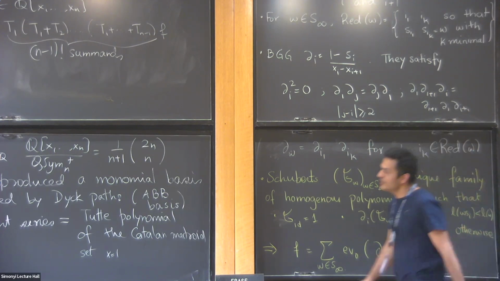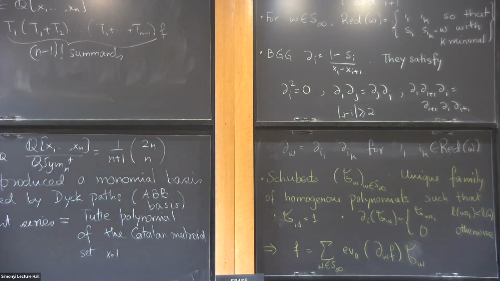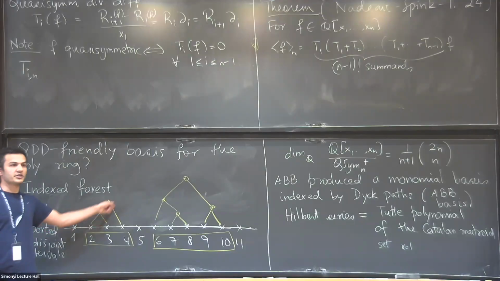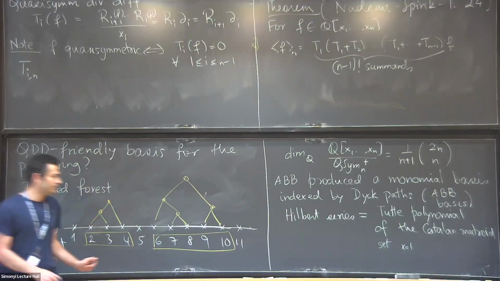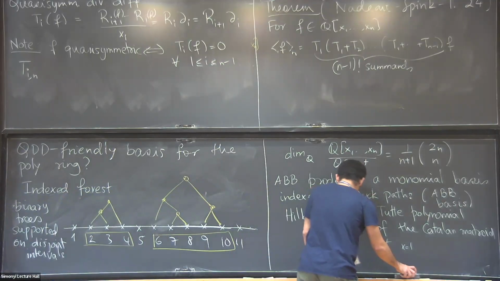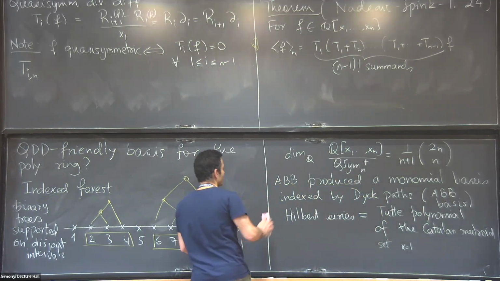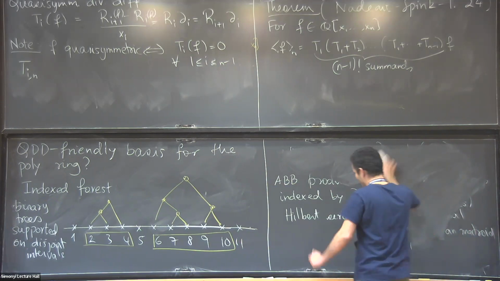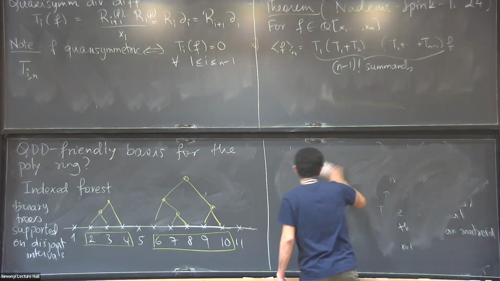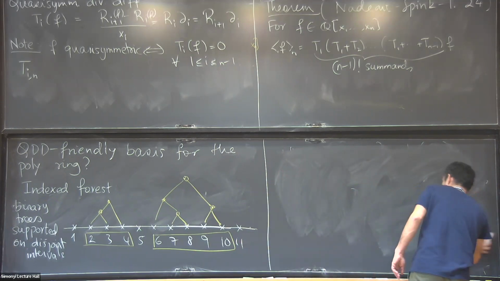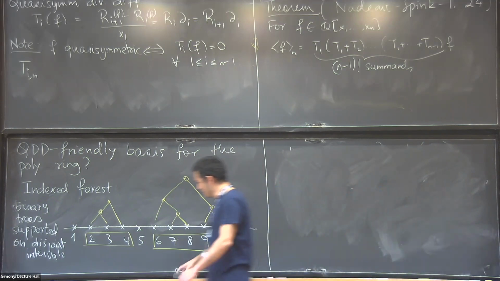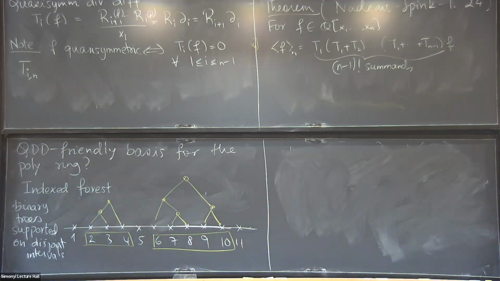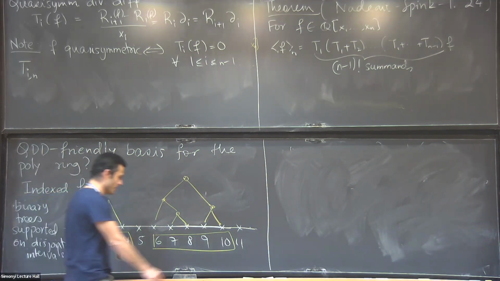So I'll define an operation that is meant to lose internal nodes. You could either start at the root or at the leaf, take things away, and still get an indexed forest. It turns out the choice of removing the root node is not the good one. You really want to start removing leaves.